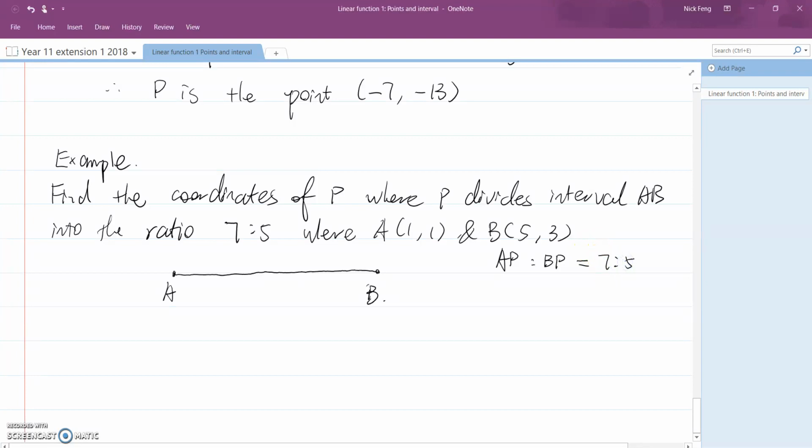Now, can P be on the left hand side? Not really, because if P is on the left hand side, BP is always longer. So therefore P has to be somewhere in here, which would give you this is 7 units length, and it should be longer actually.